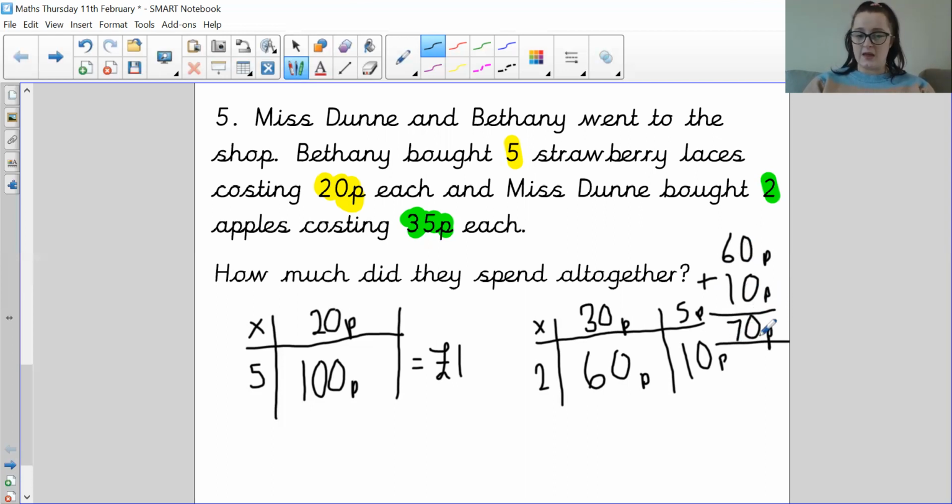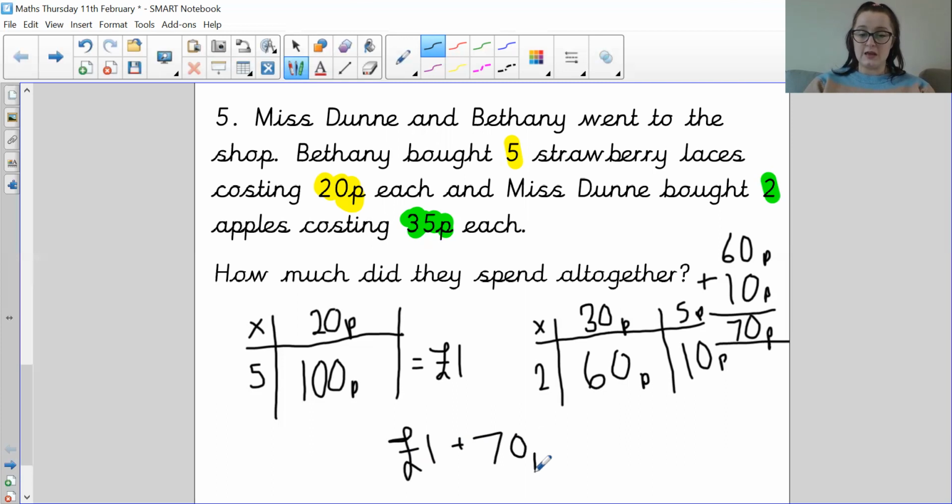So I've got 70p. Now what I need to do now, it says on the last bit, how much did they spend altogether? So I've got £1 here and 70p. So what I'd do, my son's going crazy again. I'd add £1 and 70p. And that one's really, really straightforward.